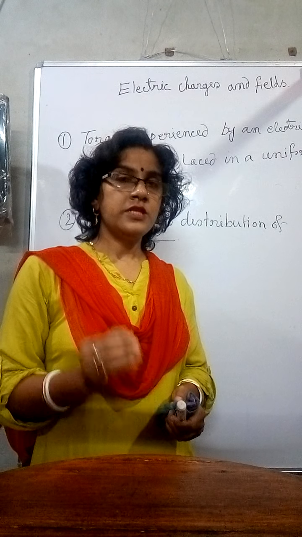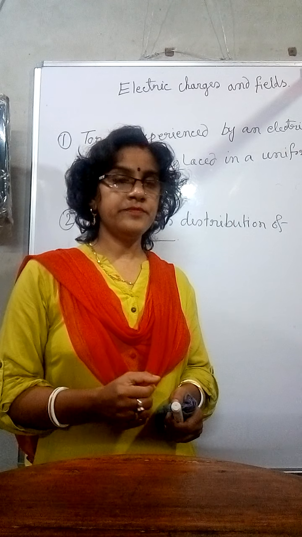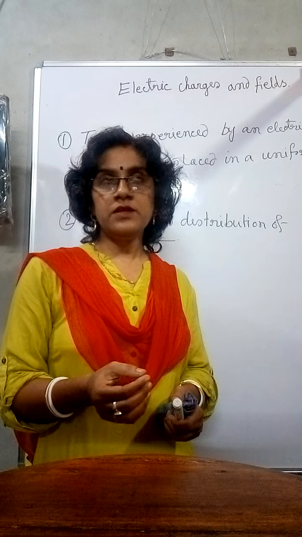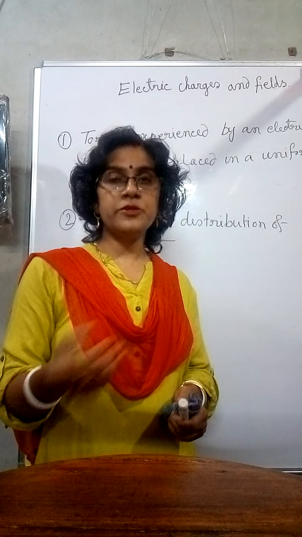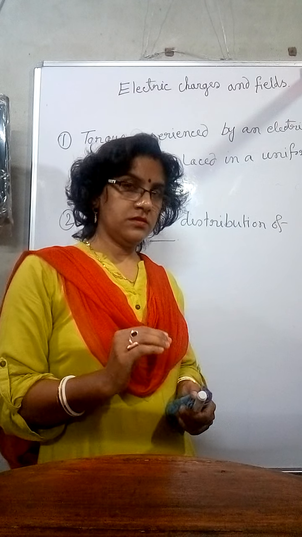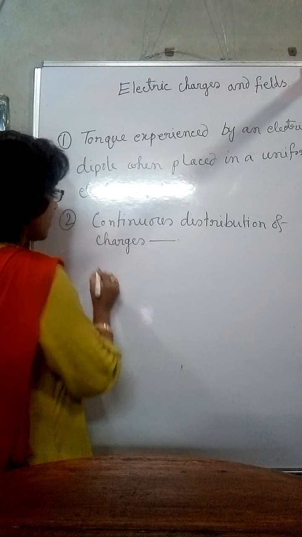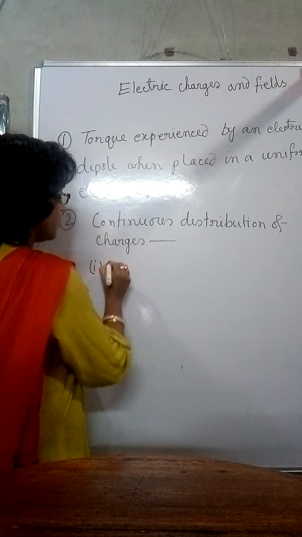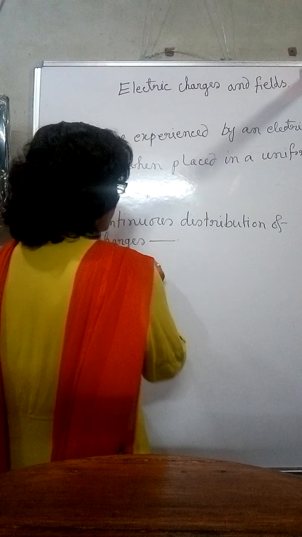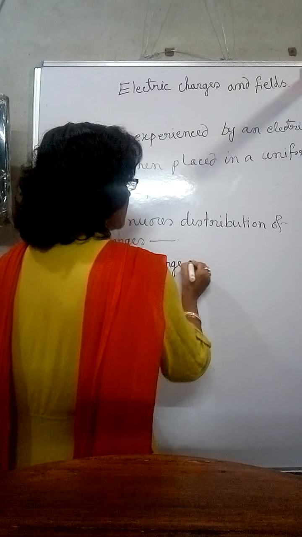When the electric charges are distributed uniformly in a line, it is a linearly continuous distribution of charges, and that time we have the linear charge density.